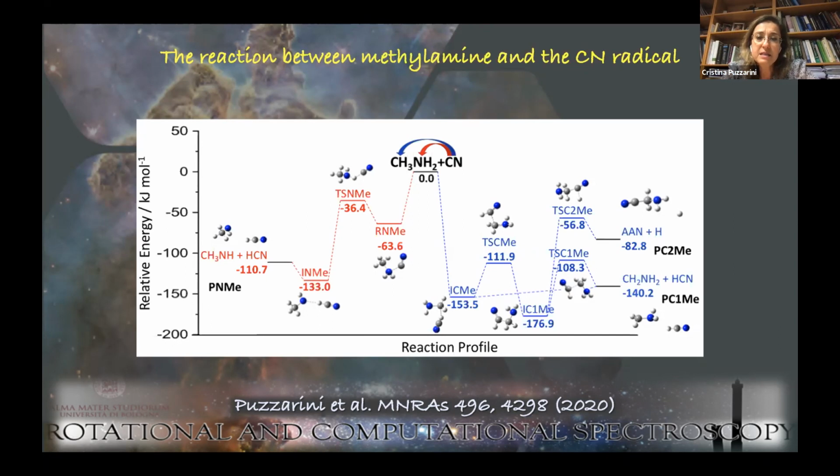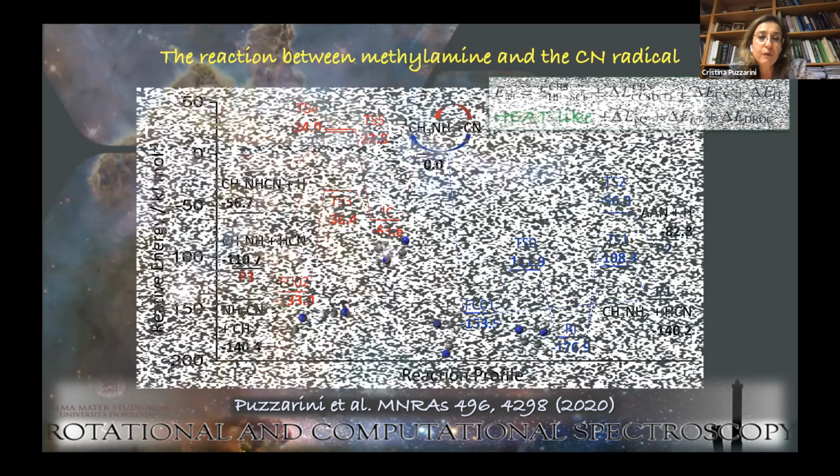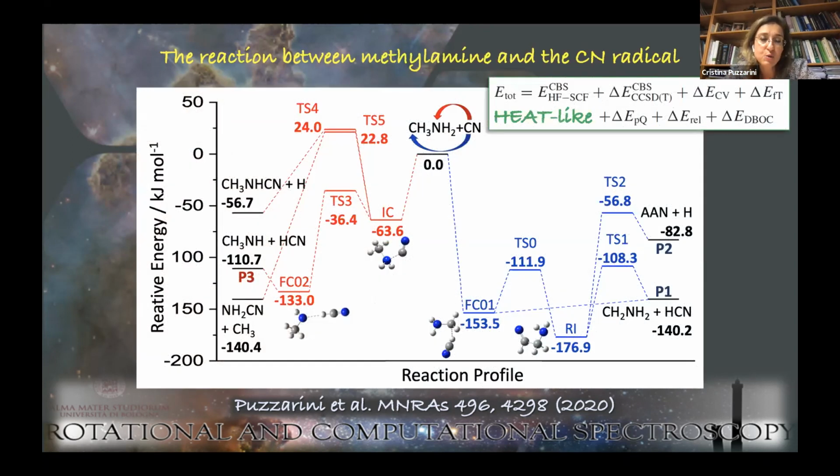But this picture is not complete. Actually, the complete picture is this one. But you see transition state 4 and transition state 5 are emergent, so they lie higher in energy with respect to the reactants, and so these paths are closed. And this means that the most exothermic reaction cannot occur.